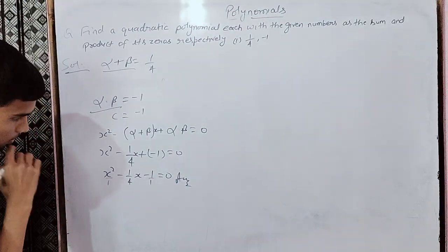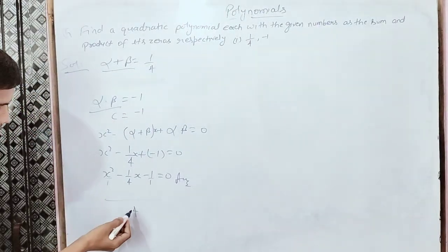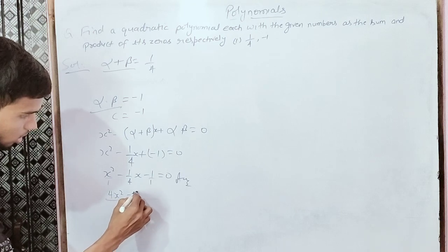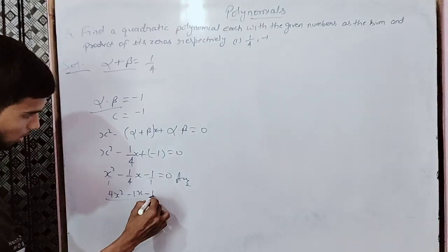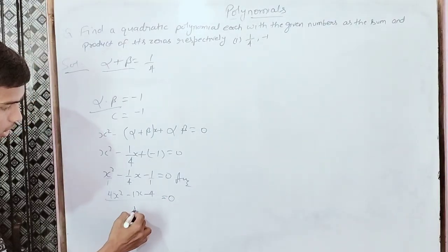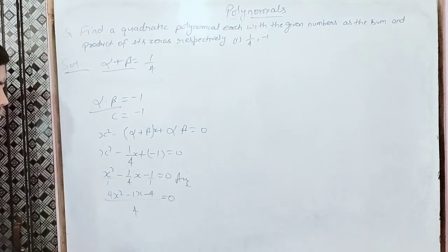This is fraction. Can we say this is a 4 and here 4x square minus 1x and here is minus 4. This is 0. When we will multiply this by 0, this will get us 0.